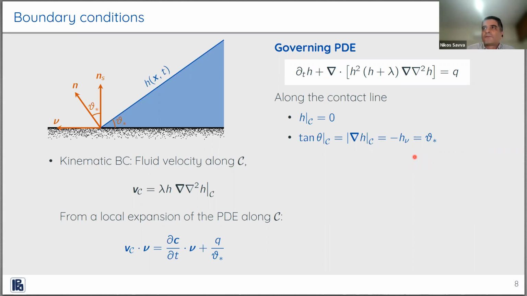If you want to study such phenomena, the way forward is to replace the slip model with a disjoining pressure model, which will allow you to do this splitting and merging of droplets much more easily.